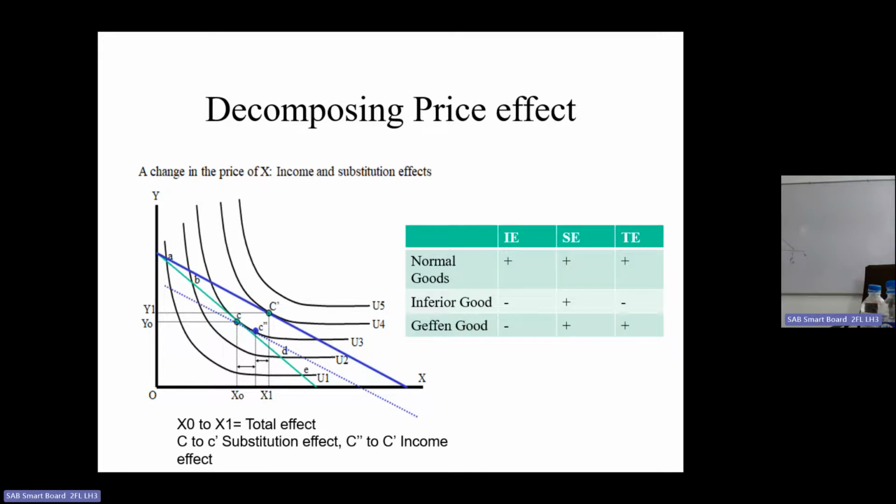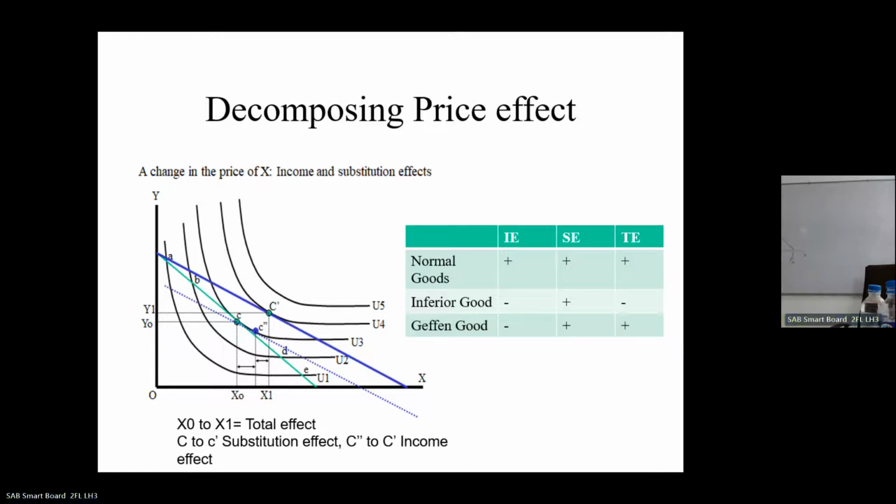So we can consider another, lower combination than the income, which gives us the U3 curve. Now we shift the budget line to the left, parallel to the existing budget line, so that it touches the indifference curve U3. The tangent point is now 3 double prime. Earlier the tangent point was 3 prime.